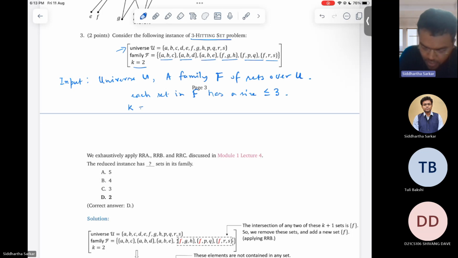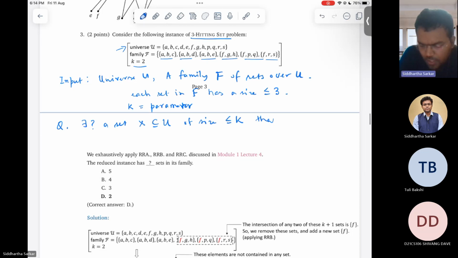The question we are asking is: does there exist a set X, which is a subset of the universe, of size at most K, that has non-empty intersection with all the sets in the family?